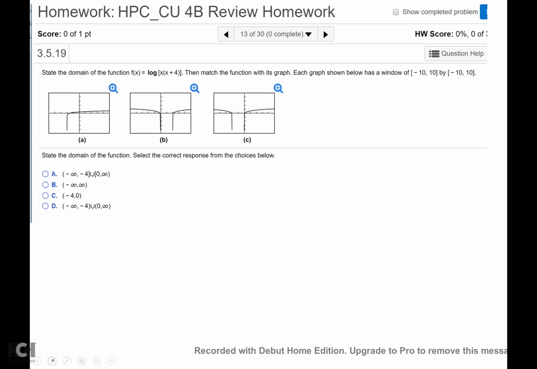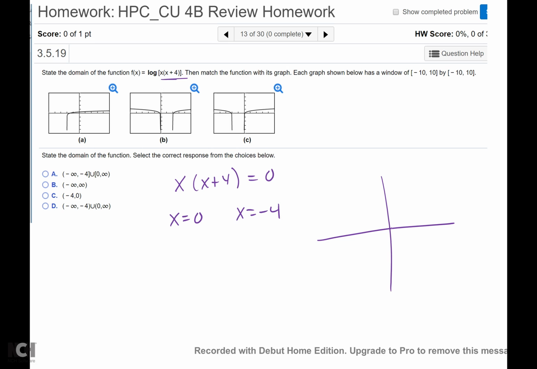Alright, it says state the domain of the function, then match the function with its graph. To find the domain, basically what you do is anything in parentheses, x times x plus 4, set it to 0 and solve. This would say x equals 0 and x equals negative 4, which means whatever this function does, it crosses at 0 and it crosses at negative 4.